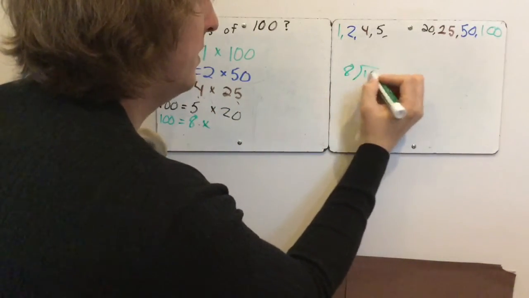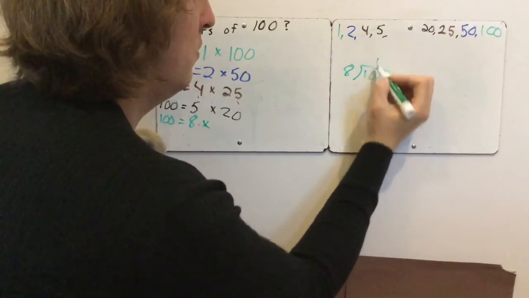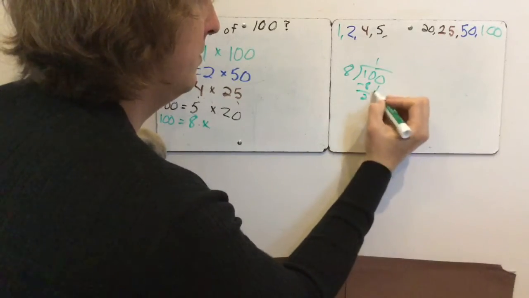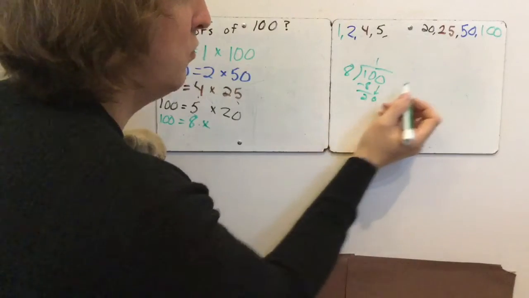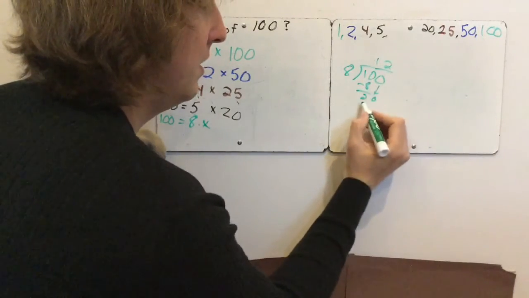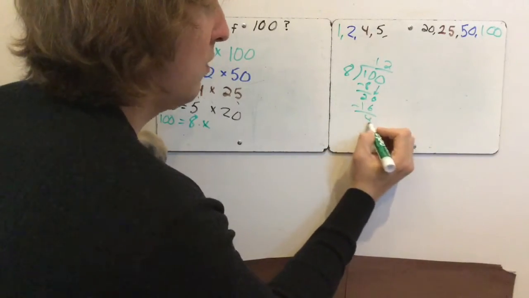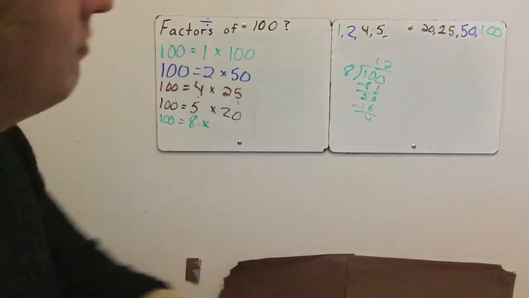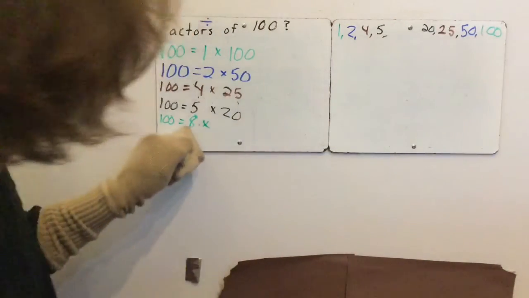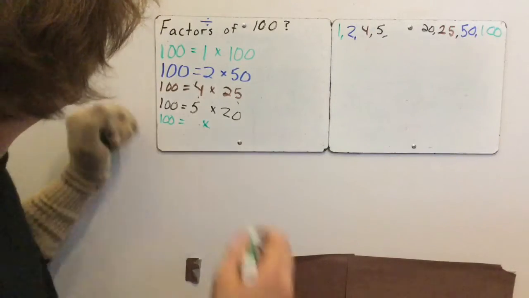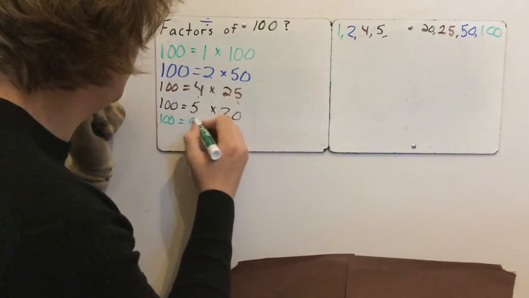8 into 100. Once, 2. No, because 8 goes into 20 only twice for 16, and there's 4 remaining. Because there's 4 remaining, not going to work. 8 doesn't work either. Let's try 9.